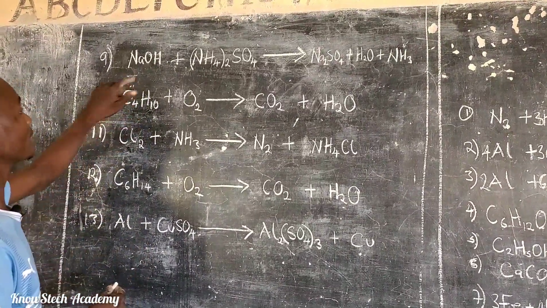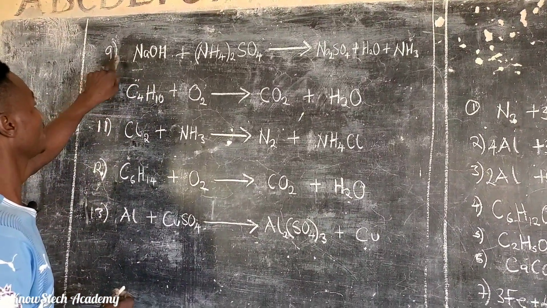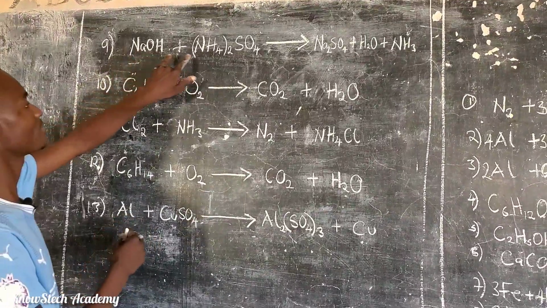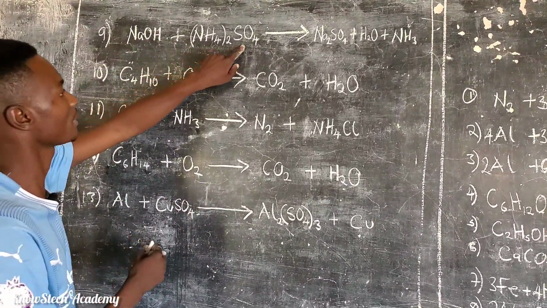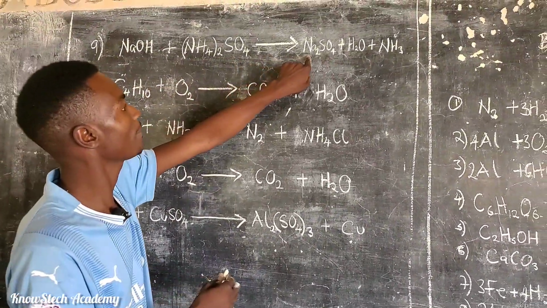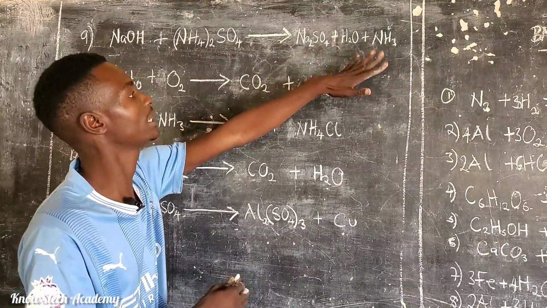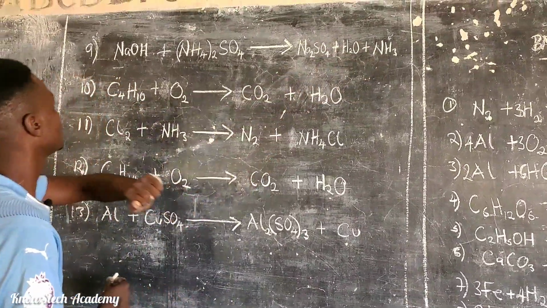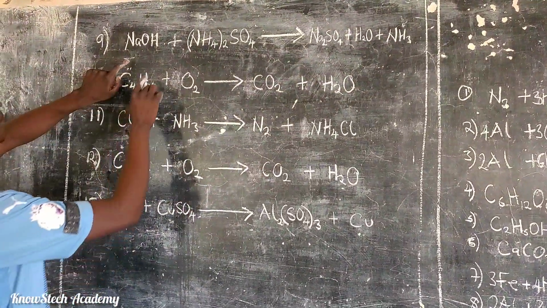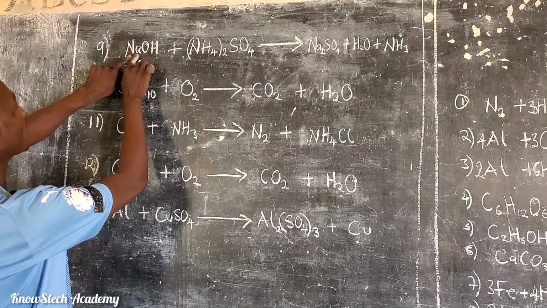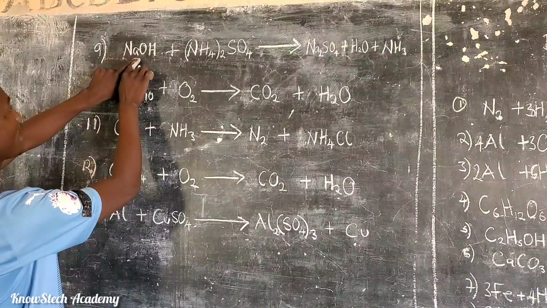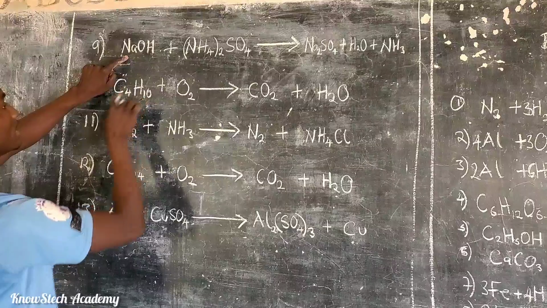Okay. So the first one, which is question 9, sodium hydroxide reacting with ammonium sulfate to form sodium sulfate, water, and ammonia gas. That's right. All right. How many atoms of sodium do we have on the reactant side?